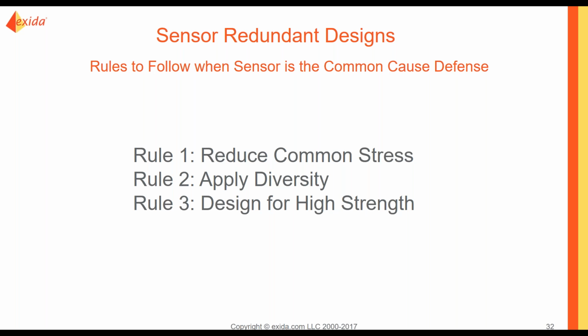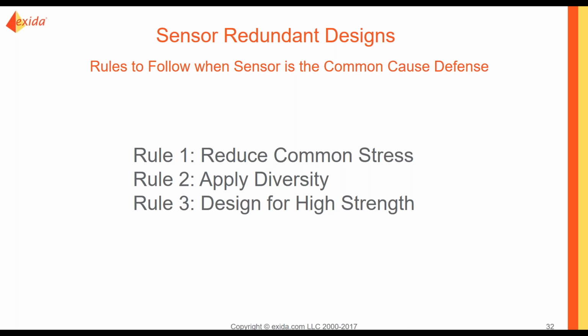In terms of environmental stress, the diverse redundant sensors are effective only if the sensors respond differently to that common stress. The use of two different manufacturers' devices may provide some benefit considering the lower possibility of common design and manufacturing defects.